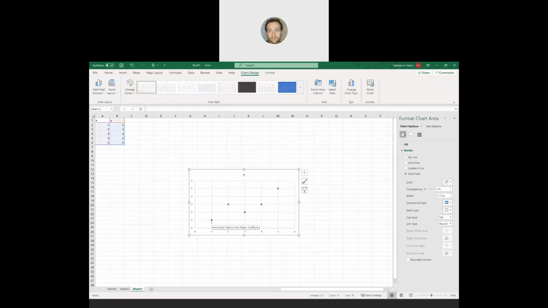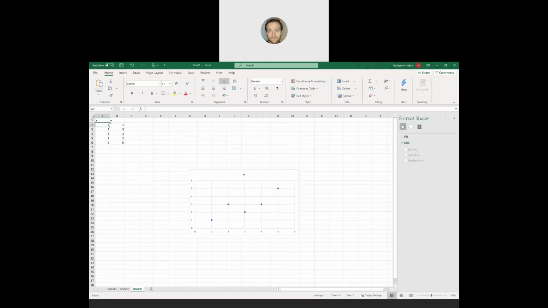This point here is 1, 1. That's this row. This point here is at 2, 3. That's that coordinate. This one at 3, 2. That's that point. 4, 3 is this point, and 5, 5. So these are the 5 points. Now they're just on a graph.